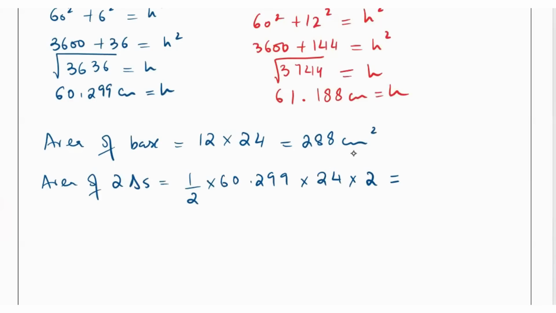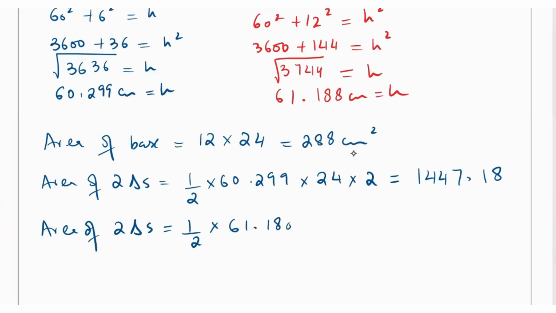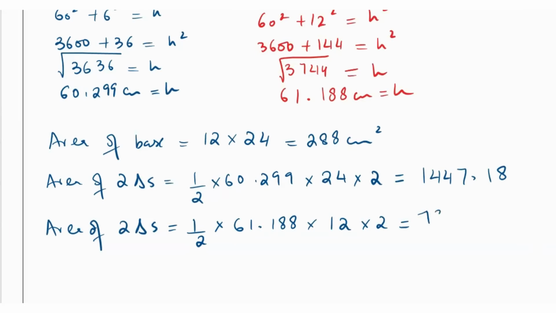So that is 1447.18. And then area of the other two triangles, that's 1/2 times 61.188 times 12 times 2, which is going to be 734.26 centimeters squared.